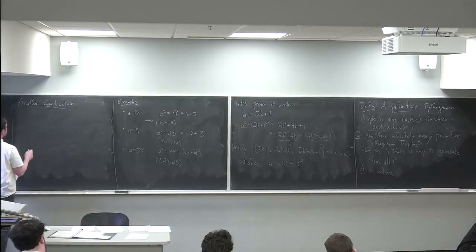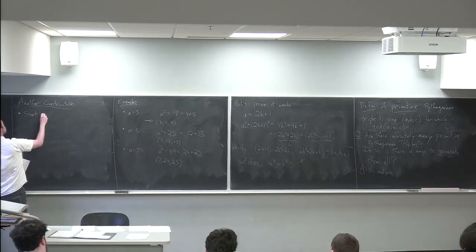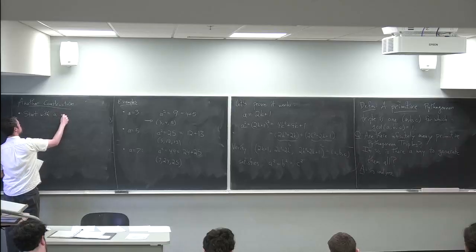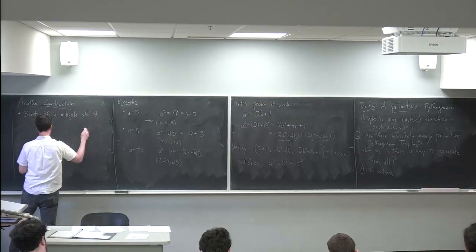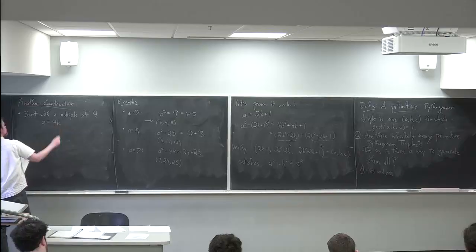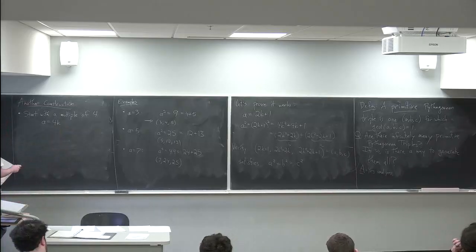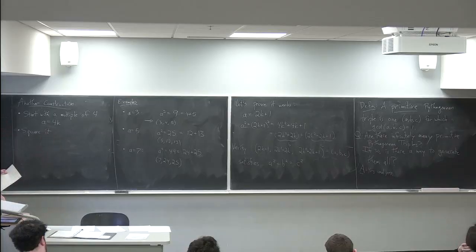This one you start with a multiple of 4. So let's call it a equals 4k. It's a multiple of 4. And then what you do with your multiple of 4 is, like we did before, square it, and divide by 4.